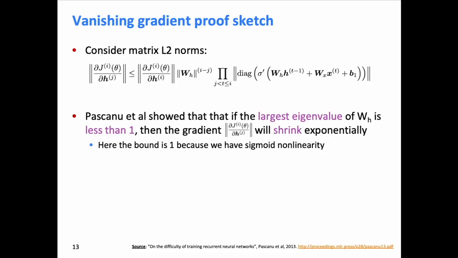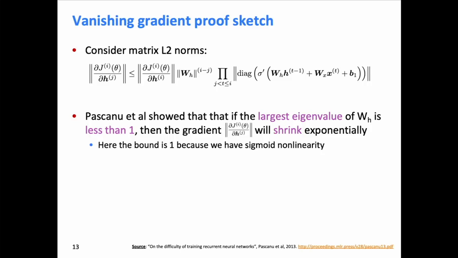In this paper that you can click on at the bottom if you're interested, Pascanu et al. showed that if the largest eigenvalue of the weight matrix wh is less than 1, then this gradient on the left is going to shrink exponentially. You can probably see intuitively why this is true. As a simplifying assumption, suppose wh was not a matrix, but simply a scalar, just a single number.